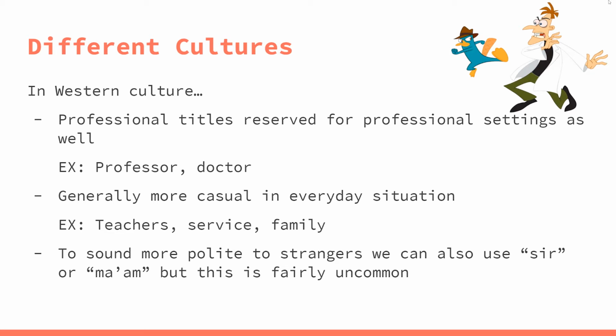And for family, we might call our sisters and brothers by their first names and our parents by, well, mom and dad. And then for extended family, we might call them what they are. For example, uncles, we just say uncle, and maybe their first name. We can also say sir or ma'am when we're referring to strangers, but this is fairly uncommon.